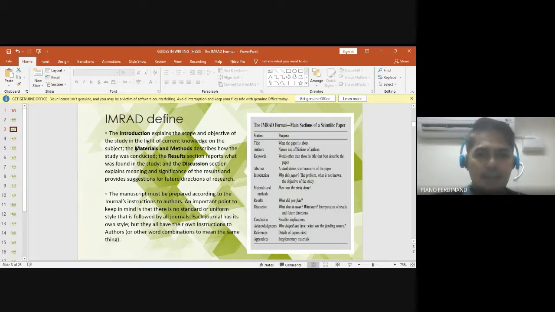Okay? Then materials and methods describes how the study was conducted. So ano po yung mga methods and materials na ginamit when the researcher conducted that particular research. Then results section reports what was found in the study. So ano po yung results na derive natin from doing that research.